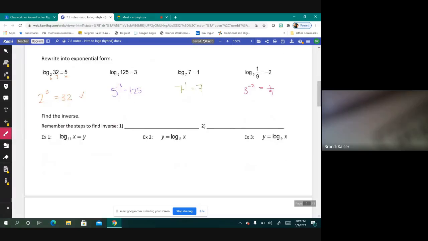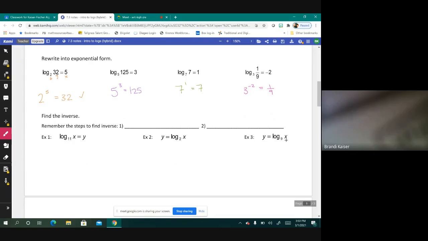Okay. All right. So here's what this is kind of getting us ready for. As far as logs and exponentials go, we know that they're inverses of each other. So we should be able to find inverse functions if we're given one or the other. So this kind of follows from finding our inverses of last week. They're the exact same steps if you try to remember those steps.